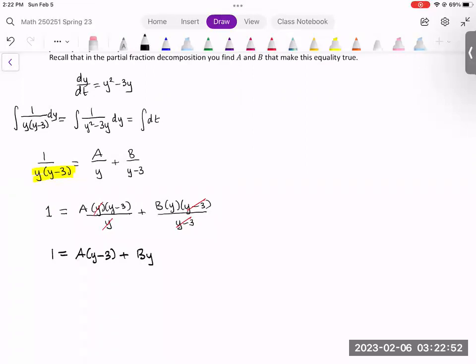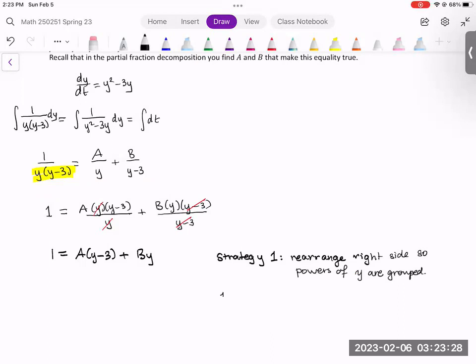So there are two important strategies. So strategy 1 is going to be to rearrange things, rearrange the right side so powers of y are grouped together. Okay. All right.